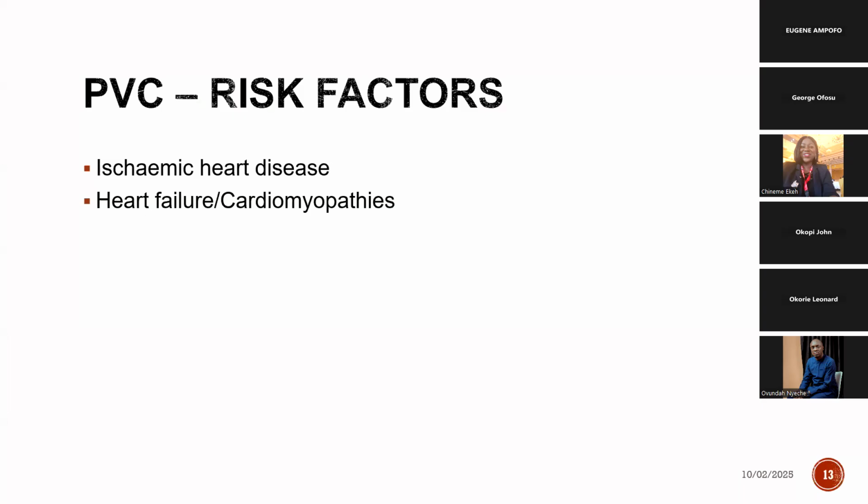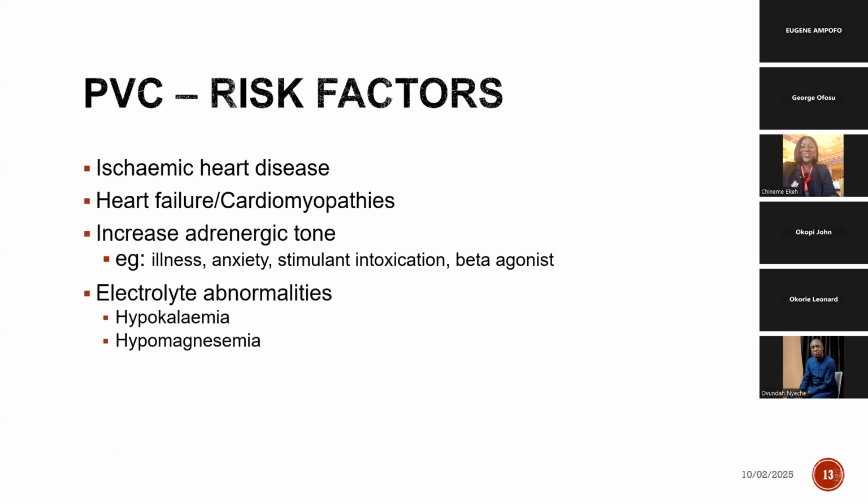Okay, so what are some of the risk factors of PVC? One of the most common risk factors is ischemic heart disease. We have heart failure and cardiomyopathies. It's also common in patients with increased adrenergic tone, which usually occurs in acute illness.